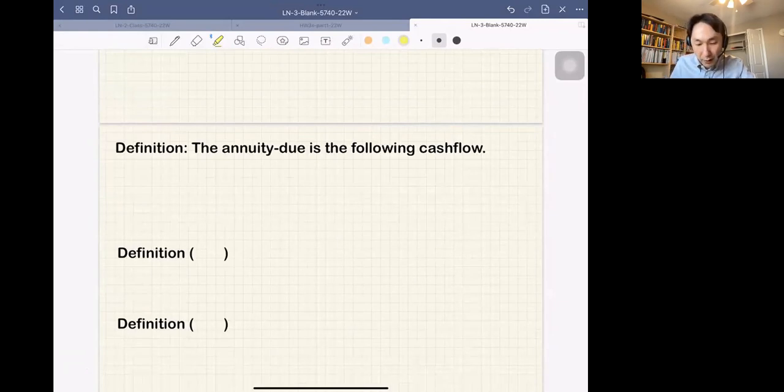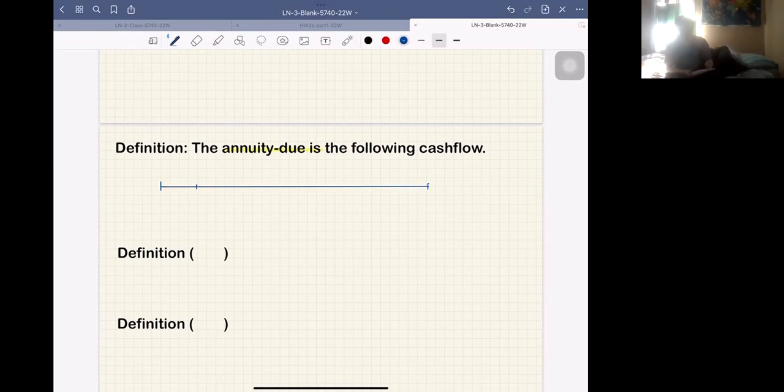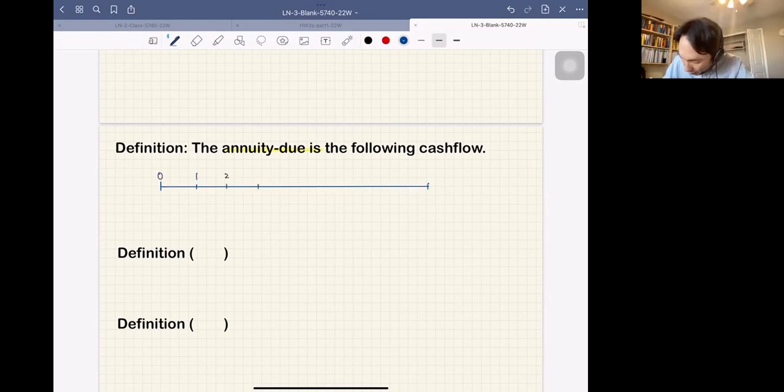And next one, the definition of annuity due. So this is almost the same. Maybe we don't even need this notation, but they have many notations. So annuity due only differs by 1 year.